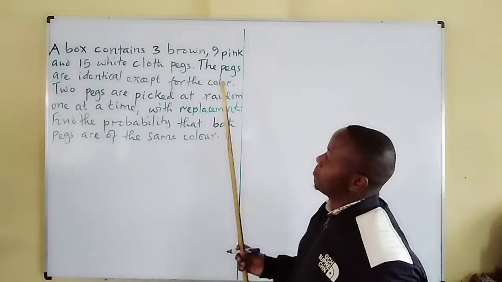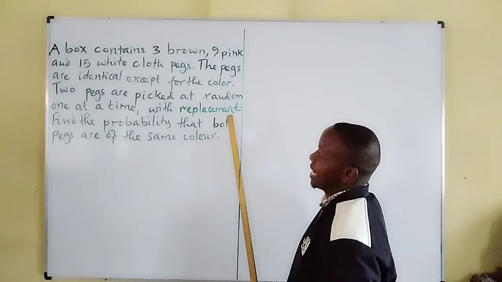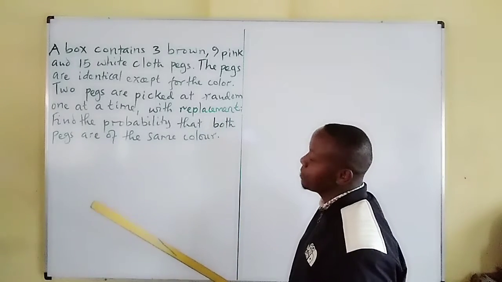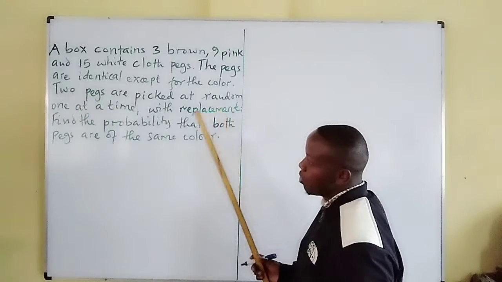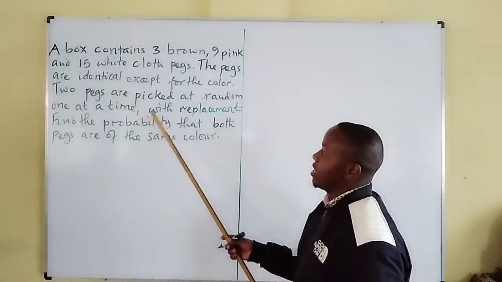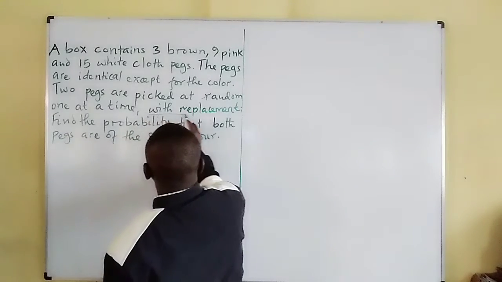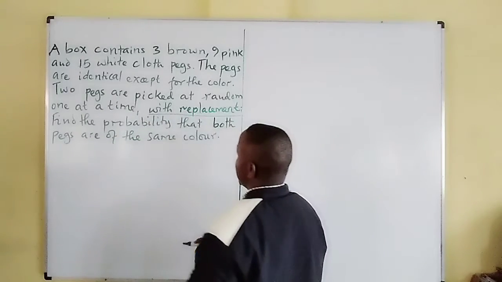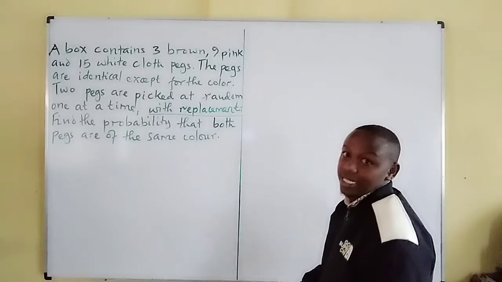The pegs are identical except for the color, identical in size and shape. Two pegs are picked at random, one at a time, with replacement. So the key term here is with replacement. Find the probability that both pegs are of the same color.